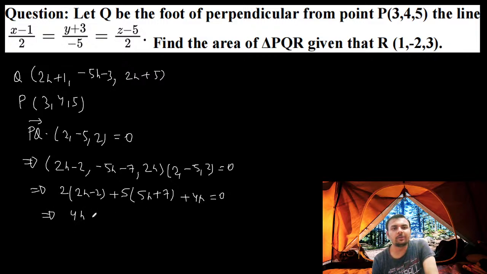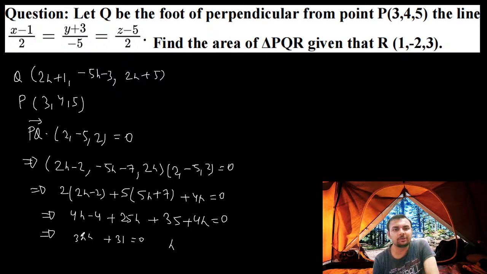This is 4 lambda minus 4 plus 25 lambda plus 35 plus 4 lambda equal to 0. This is 4 plus 29, 33 lambda, plus 31 equal to 0. So lambda equal to minus 31 by 33. Okay.